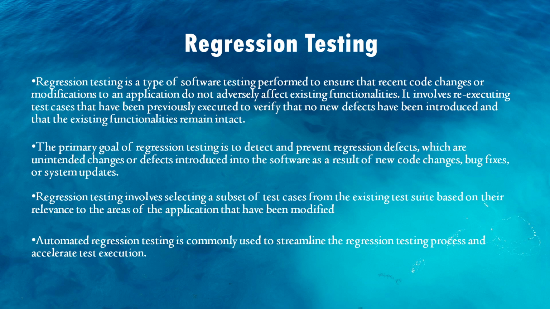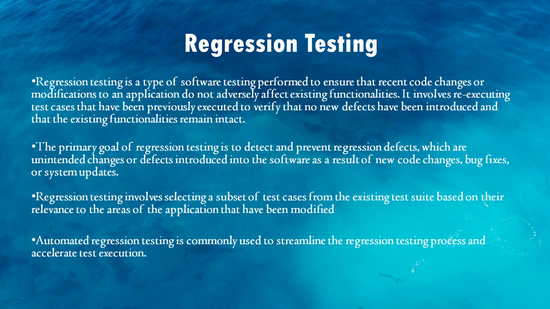Second is regression testing. In smoke testing, we make sure the general critical functionality of the application works. In regression testing, we make sure all the existing functionalities are working fine, because the new code we introduce in release 5 should not affect the code in releases 1, 2, 3, 4.